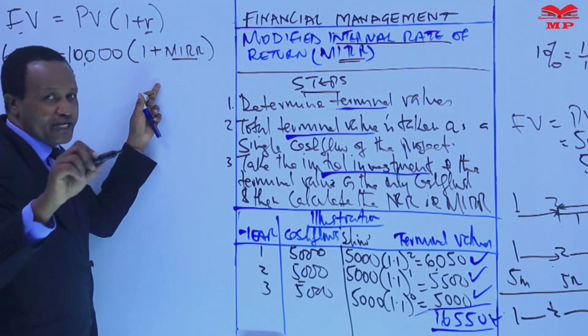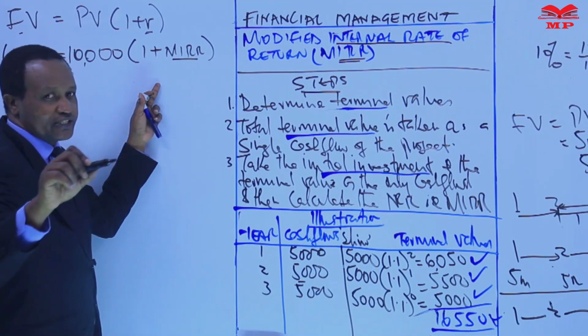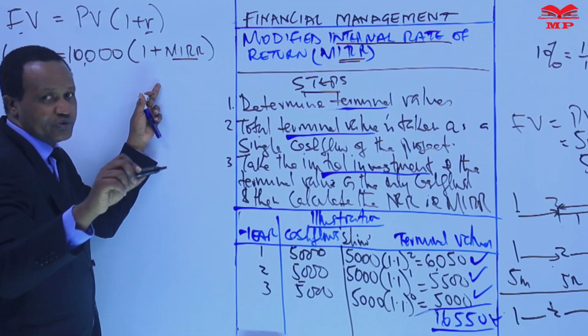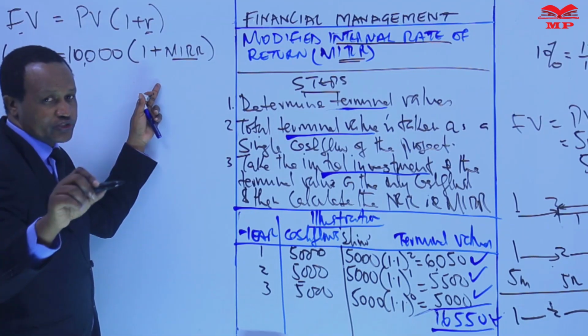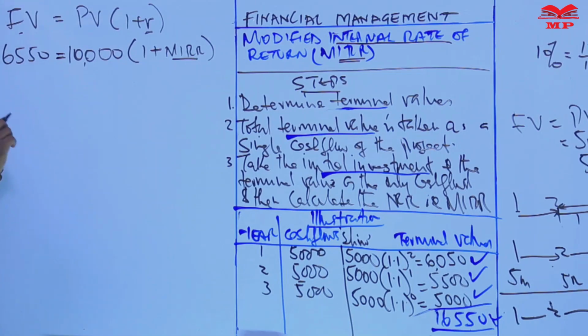The MIRR is the discounting rate at which the present value of the project cost is equal to the present value of the terminal value.